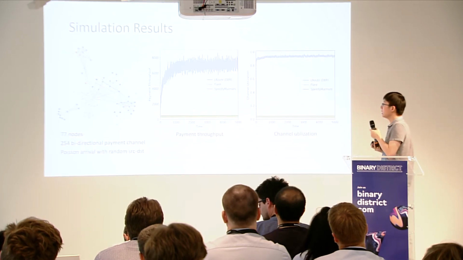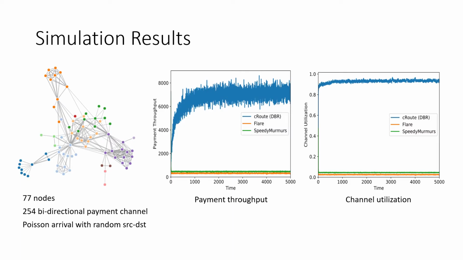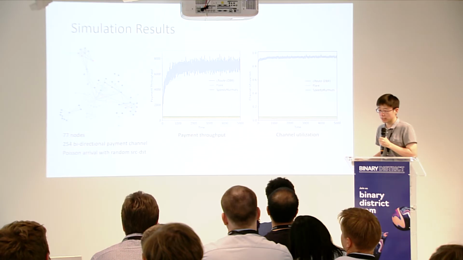So these are some simulation results. It is a network with 77 nodes and 254 bidirectional payment channels. We are injecting a large amount of random data, trying to maximize the channel utilization.